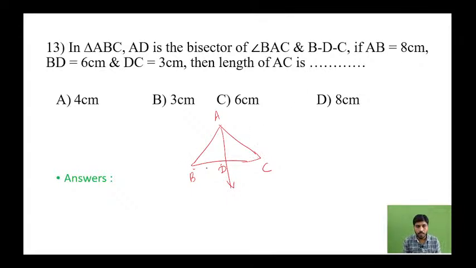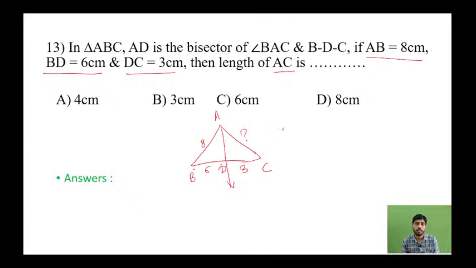If AB is 8, the value of AB is given, that is 8. BD is 6, and DC is 3. Then we have to find the length of AC.